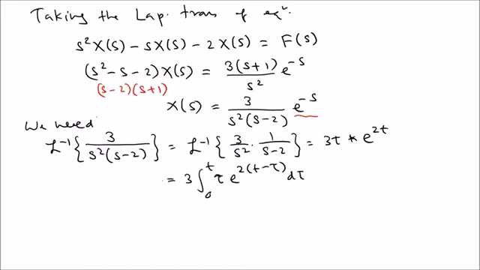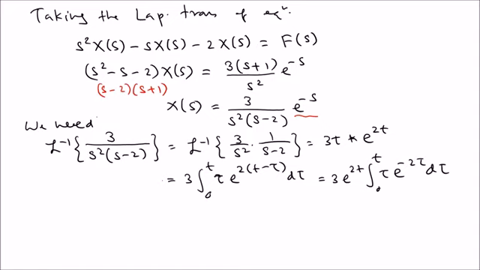So now we know what to do with this. It is 3 e to the 2t, we take it out, integral from 0 to t of tau e to the negative 2 tau d tau.